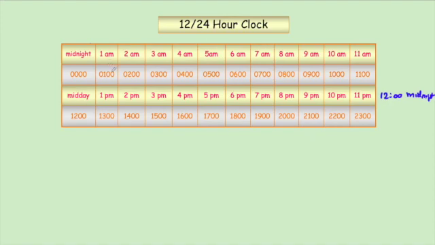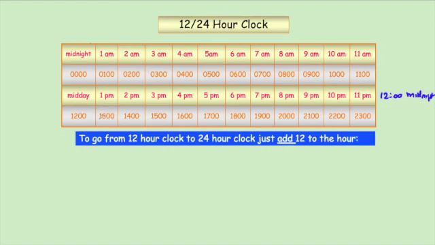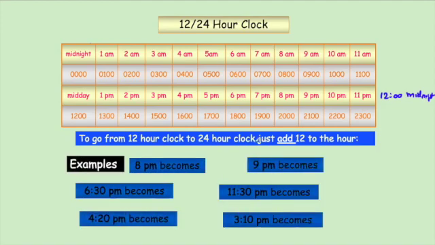Let's practice with a few questions. Just keep in mind that to convert from 12-hour clock to 24-hour clock, we need to add 12 with PM. At first, look at all these numbers. These are all accompanied with PM. So we need to add 12 to them. Pause here, write the answers in your copybook, and then check your answers. Because it is PM, we add 12.